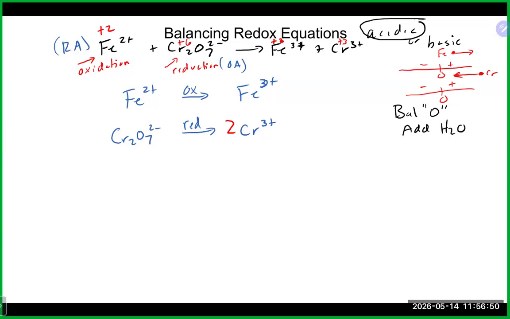Now, obviously, if I add H2O to whichever side needs the oxygen, I'm not just adding oxygen when I add the water, I'm also adding hydrogen. So to make sure I'm not unbalanced when it's all said and done, you add water to one side, and then to the other side, you add 2H pluses for every water.